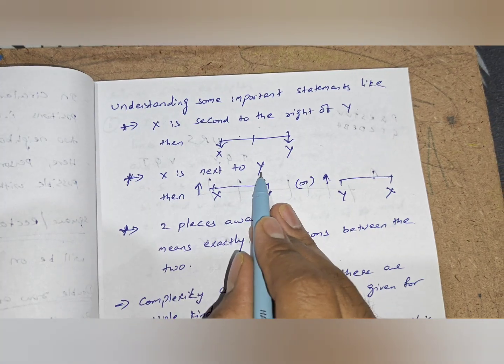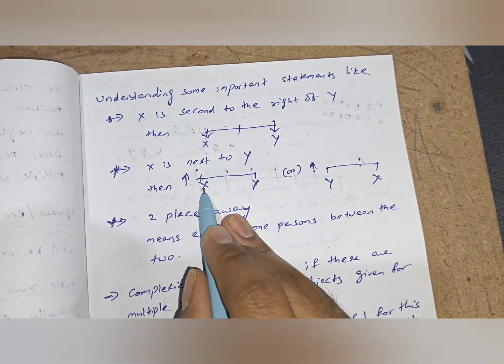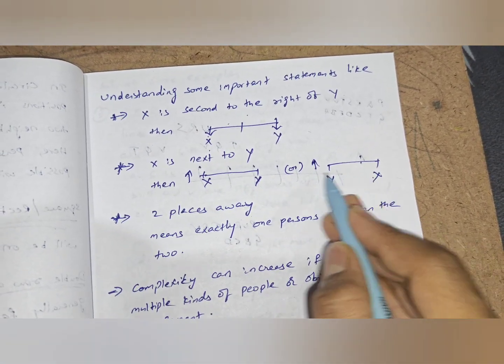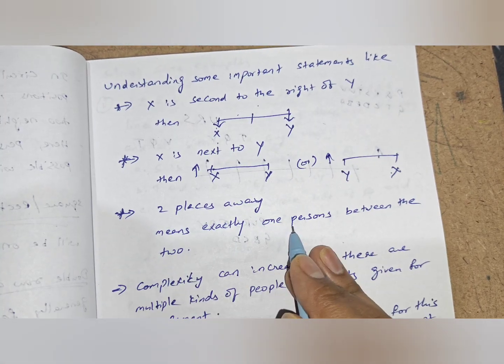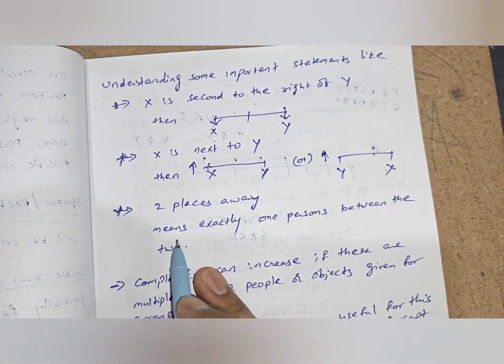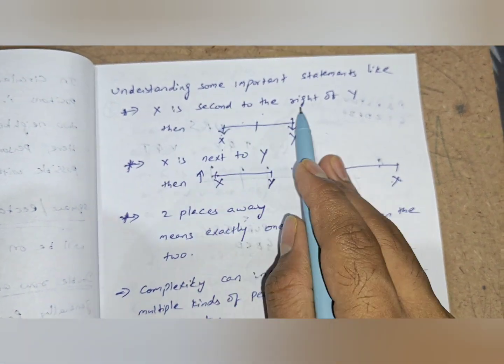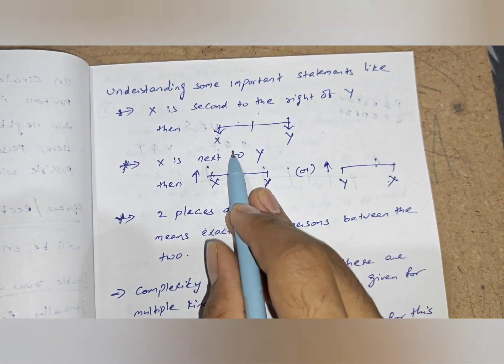Now X is next to Y. Here let us assume both are facing towards one direction. X can be towards his left hand side or X can be towards his right hand side with respect to Y. Two places away means exactly one person is between the two. That means two places away is similar to the statement that second to the right of Y. So there can be multiple ways of giving a statement.